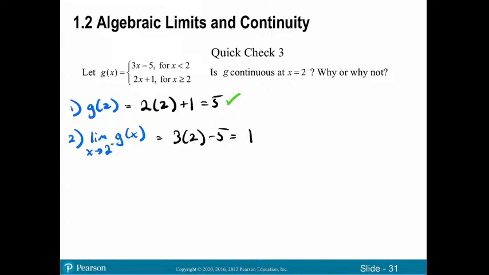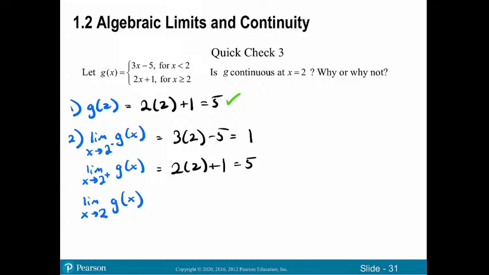Then, the limit as x approaches 2 from the right of g of x is 2 times 2 plus 1, 4 plus 1 is 5. So notice that the left-hand limit does not equal the right-hand limit. So the limit as x approaches 2 of g of x does not exist.